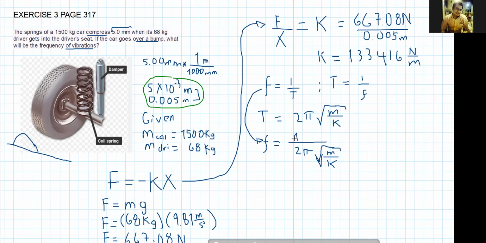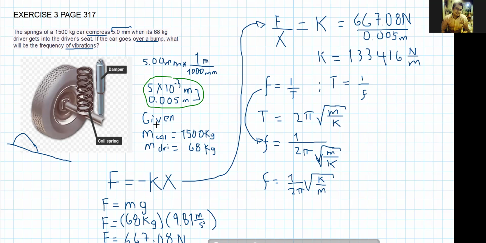Right now, you are allowed to substitute, or if you want, simplify this equation corresponding to the frequency, okay? We can rewrite this as frequency equals 1 over 2 pi, multiplied by the square root of the inverse of this one, that will be the constant of the spring divided by the mass.